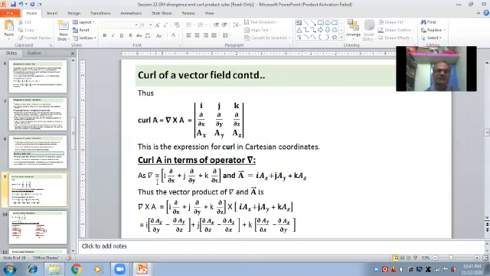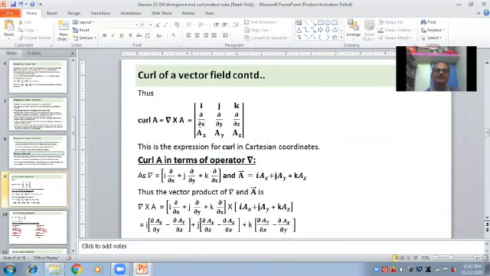Then take the cross product of this del operator with this vector A. So this is the del operator and cross symbol and the vector. So when we simplify this one, these terms are obtained. So these terms actually represent a determinant. Therefore, this del cross A is written as a determinant form.